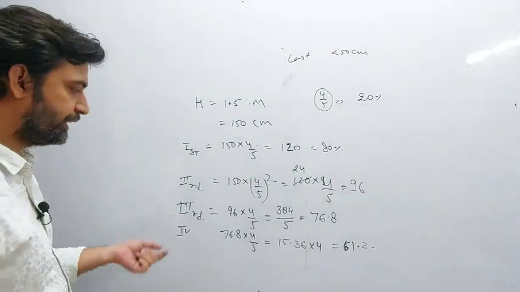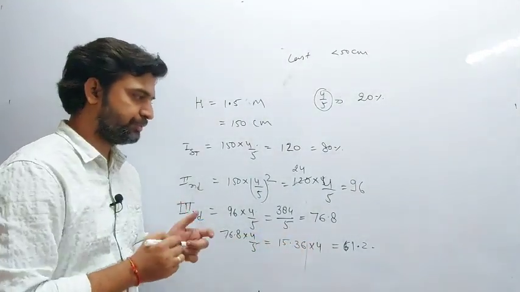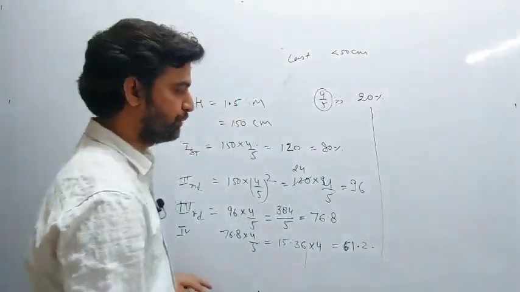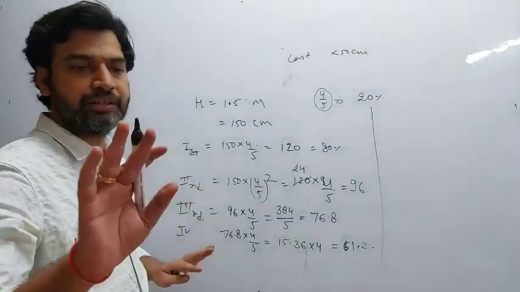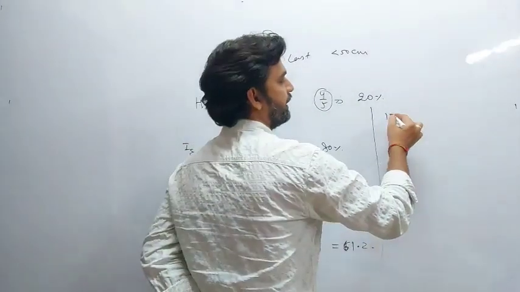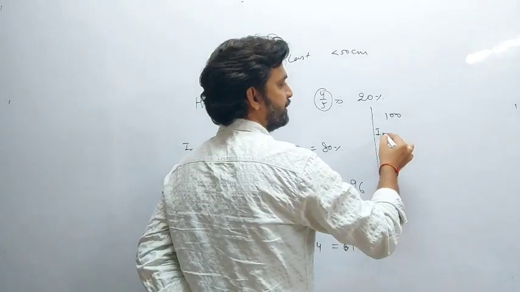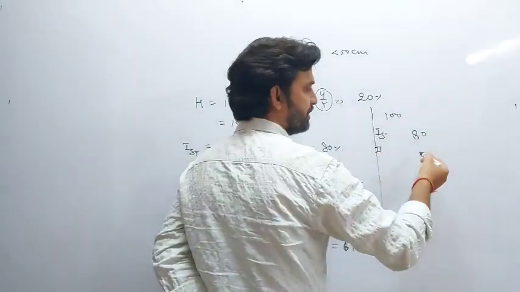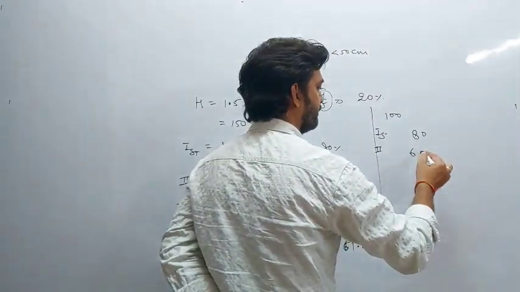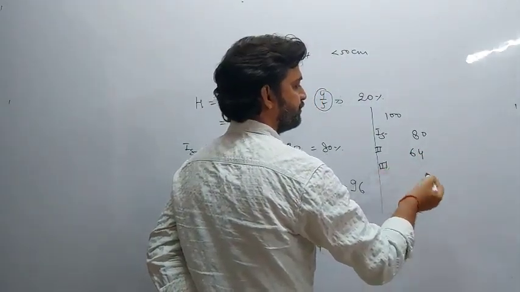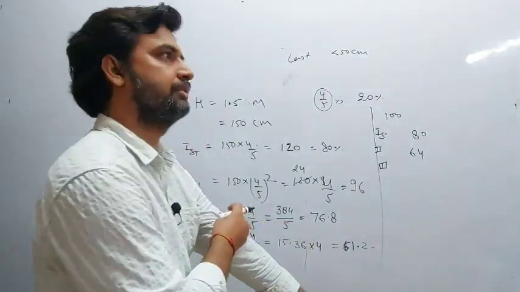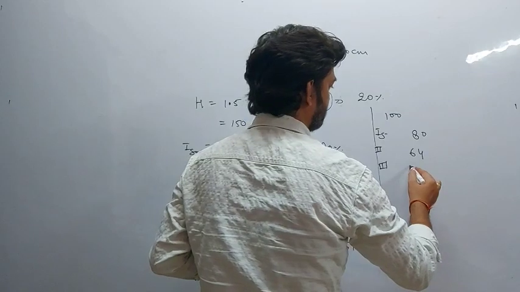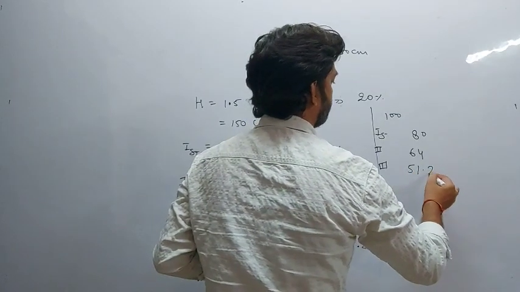Fifth height, after that 4 by 5, we are decreasing by 20%, or we can say this in percentage form. The fifth one would give you less than 1/3, that means 4 bounces would be there. Or we can say 100 is the initial one, the first bounce means a 20% decrease, remaining is 80. Second, 20% of this again decreasing, that means 64. Third bounce, again decreasing, around 51.2.